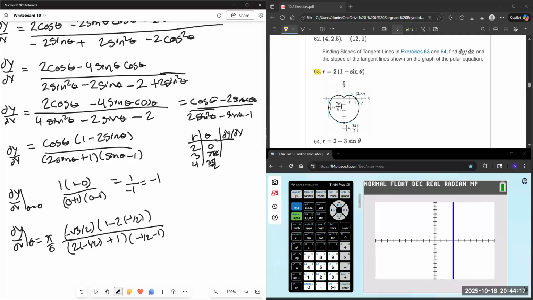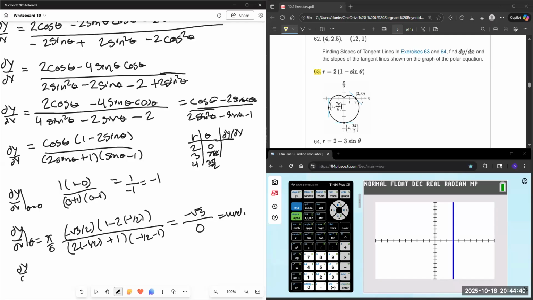Well, this is a negative 1 plus 1 is 0, times anything is 0. This is 1 plus 1 is 2. This is negative root 3 over 0, which is undefined, which makes sense. Look at that slope. And this slope is negative. That makes sense to me.